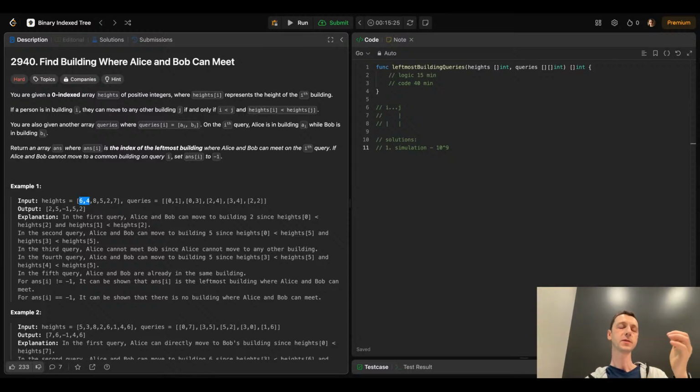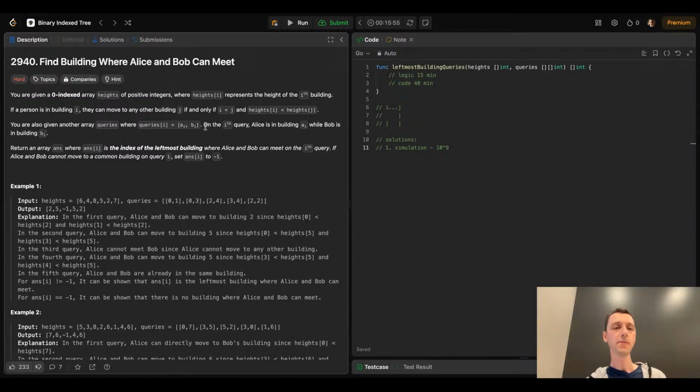If we could say in constant time, values that are bigger... I mean, obviously we check if they're in the same building. If they are, we just move along. They're not in the same building.